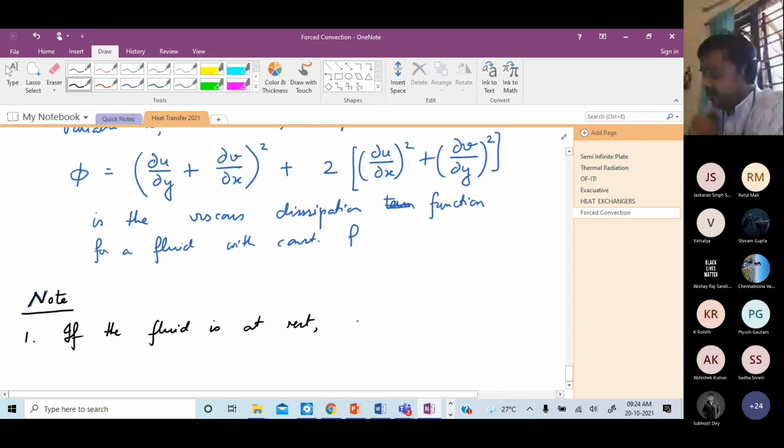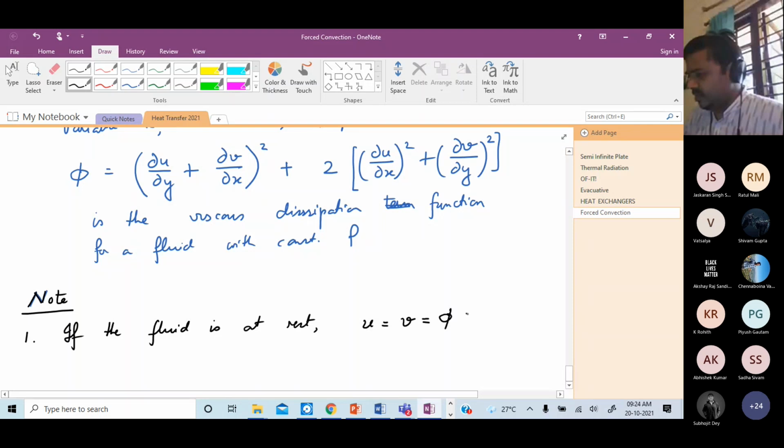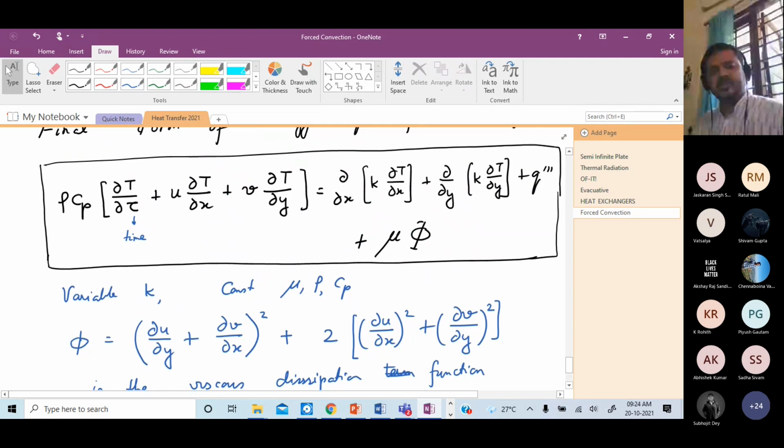The fluid is at rest means u equal to 0, v equal to 0, and even this viscous dissipation function is also 0. There's no flow, then if u is 0 and v is 0, everything is 0. So now let us look into this. What does it mean therefore? u, v is 0, phi is also 0.